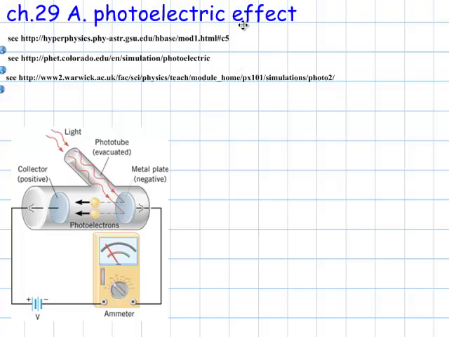So the work function for sodium, Na, would be 2.3 electron volts, and the speed of the photoelectrons coming out, the maximum speed of those, for a particular frequency.